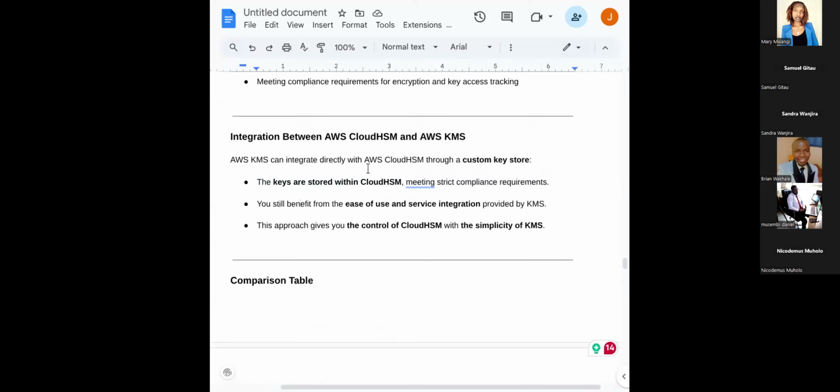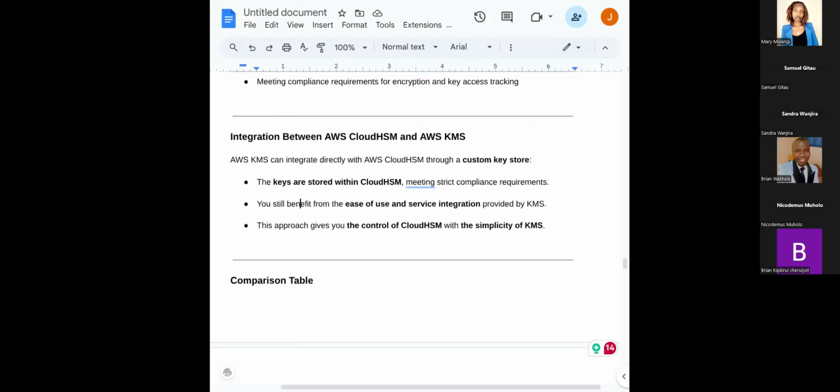So HSM is mainly used where there are strict compliance requirements, and for both of them, you benefit from the ease of use provided by KMS. This approach gives you control over your HSM, and you enjoy the control given by HSM and by KMS.